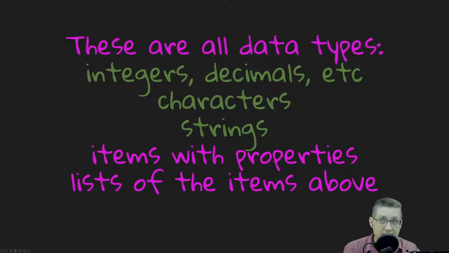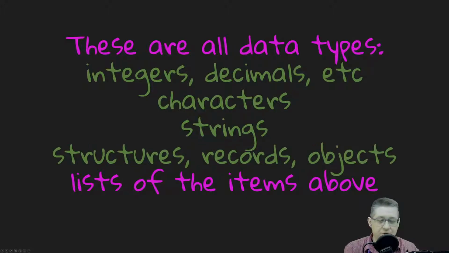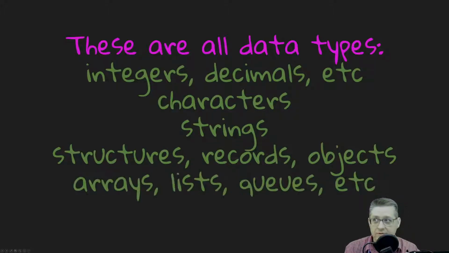Words, well, the name for that's actually pretty universal. We just call them strings. And it can be a whole sentence, a whole paragraph, an entire book. The size really doesn't matter unless there's something specific to a particular environment that causes a problem. Items with properties are typically structures, records, objects, classes, things of that nature. And then referring to the lists, we've got arrays.